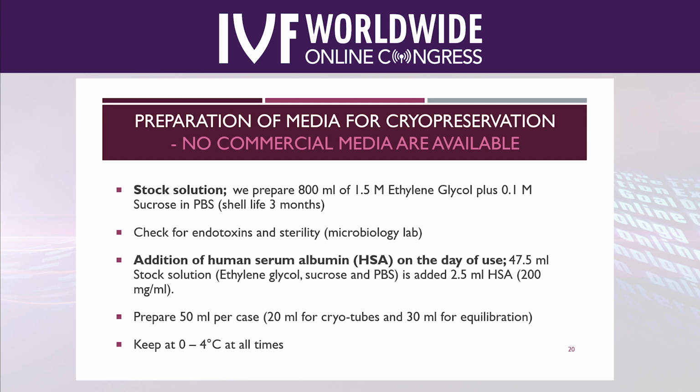And this stock solution has a shelf life of 3 months, and it's tested for endotoxins and sterility. And then on the day that we need to use the freezing media, we take out the stock solution and combine it with human serum albumin. Then we prepare around 50 milliliters per patient, and we use this in the cryotubes and for the equilibration.